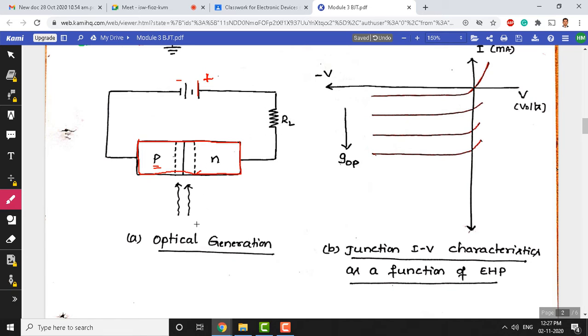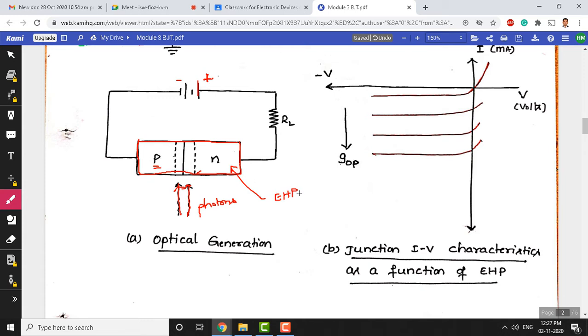Now you can see that photons are injected here. These arrow marks, the 2 lines, show photons, which are light energy, falling on this diode surface. We know that whenever a photon falls on a reverse biased junction, these photons are going to create electron hole pairs within each layer: the neutral N region, the depletion region, and the neutral P region.